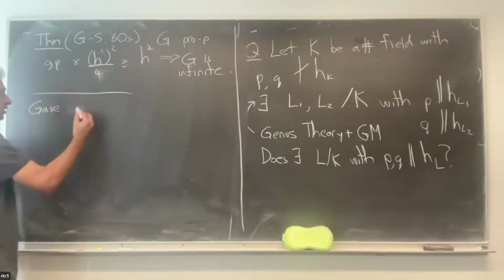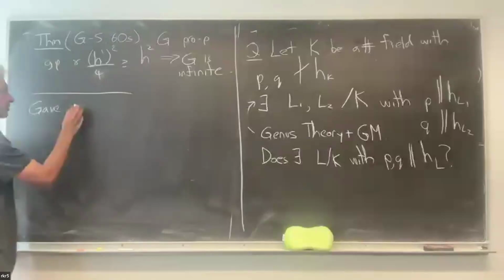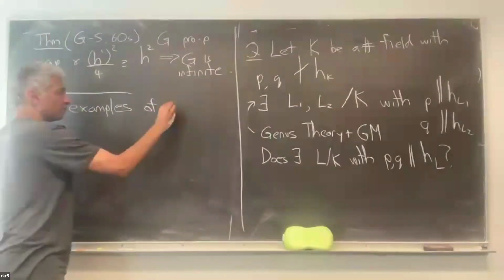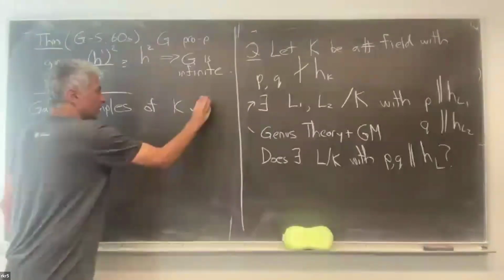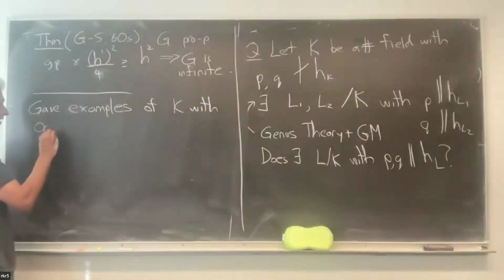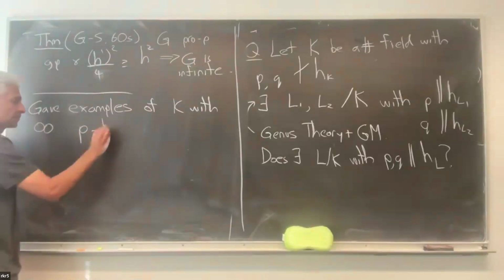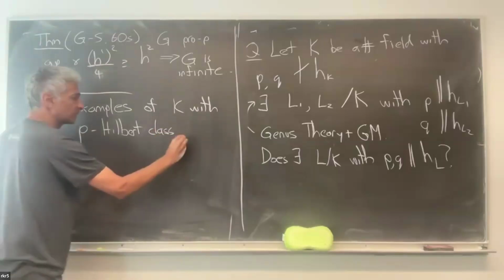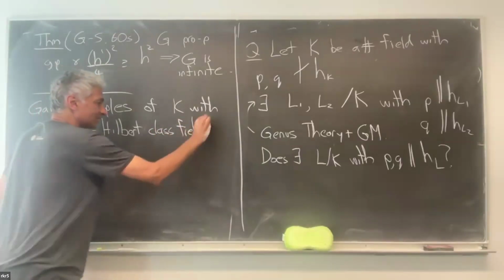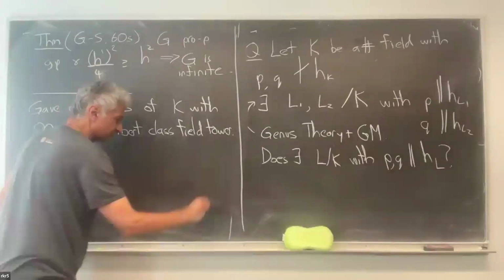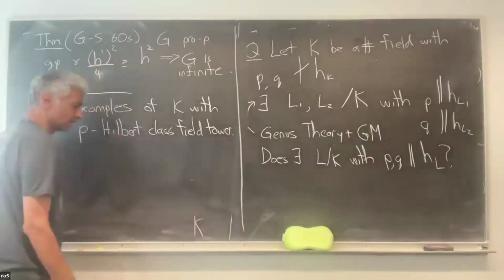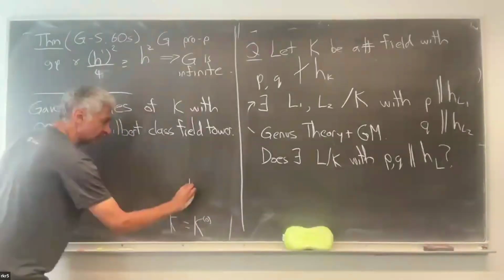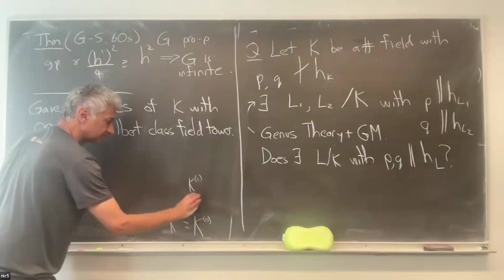So, once you have this theorem, it's trivial to give examples of number fields K with what I will call infinite P Hilbert class field tower, which I'm going to abbreviate from now on. Namely, you have a field K, and maybe K0 equals K. And then you have K1 up here.